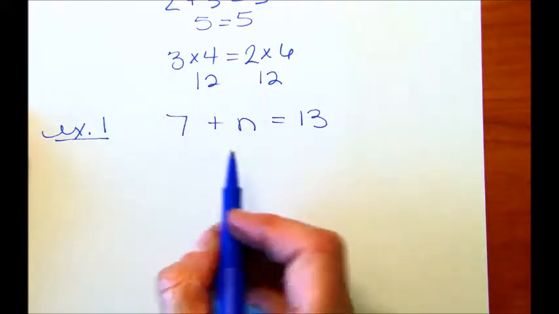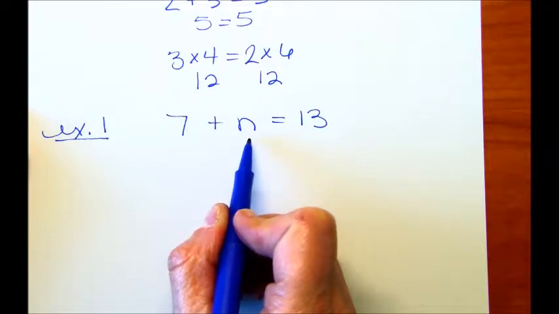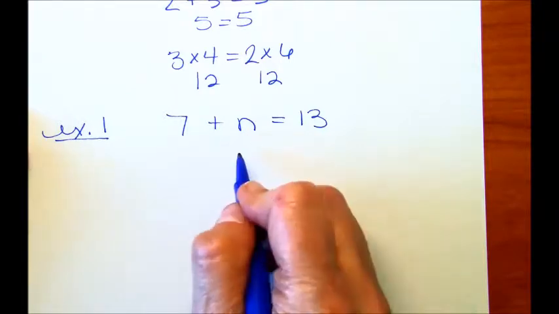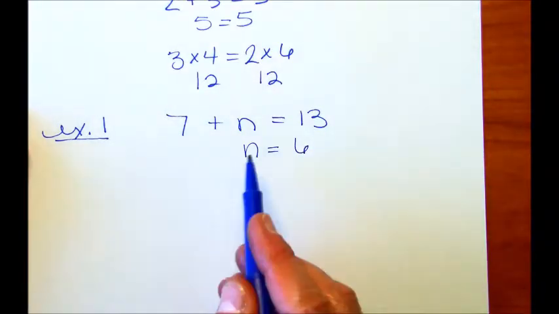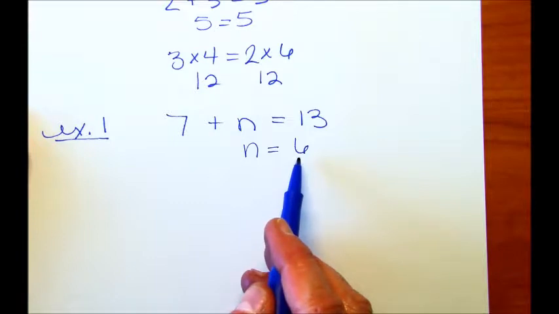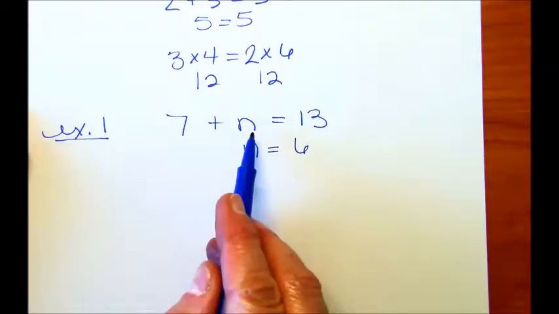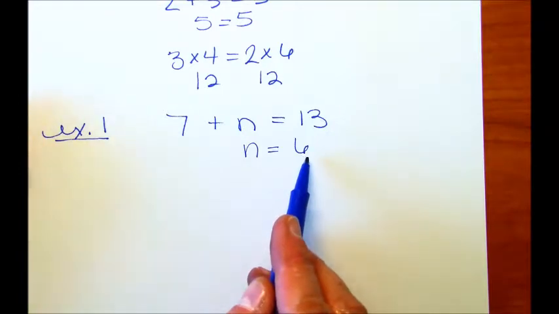Basically what we're going to try to do is figure out the value of this variable n. And you can probably figure out that n is going to equal 6, and I'll show you here in a minute how to get there. But basically, 7 plus 6 gives you 13. So n has to equal 6 in this equation.